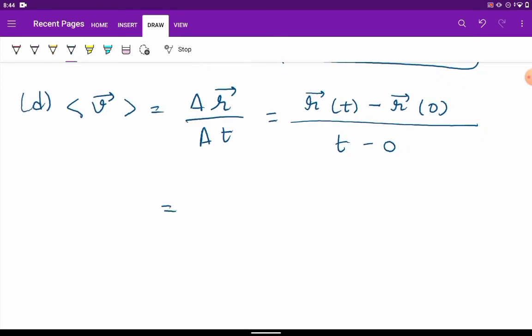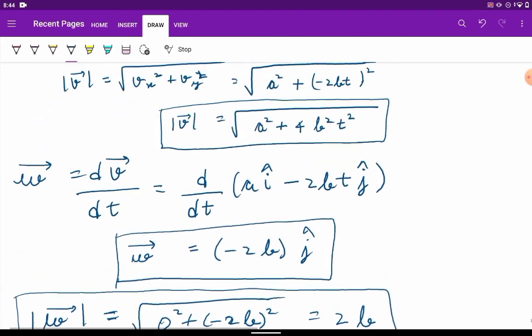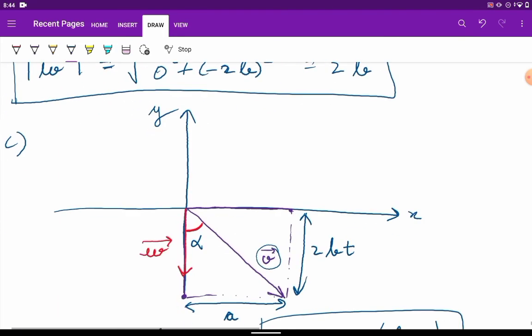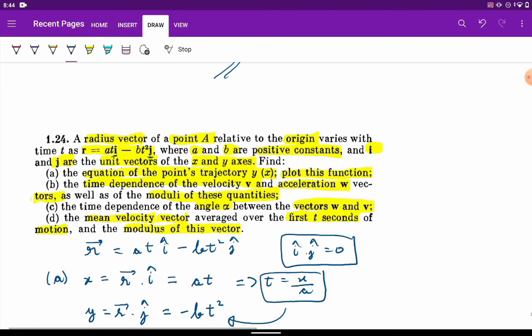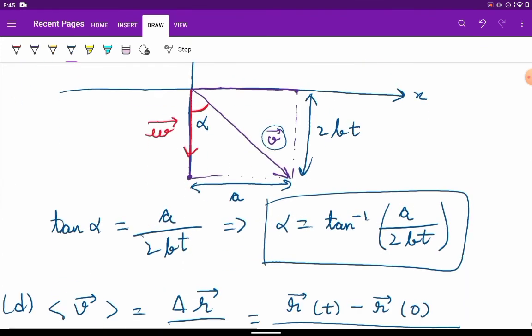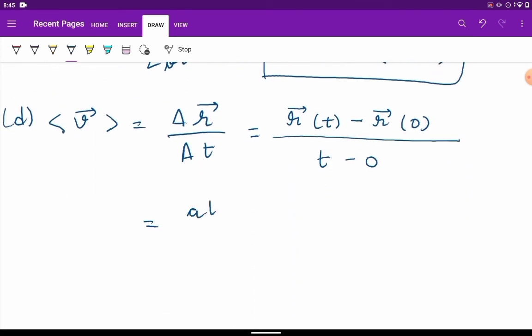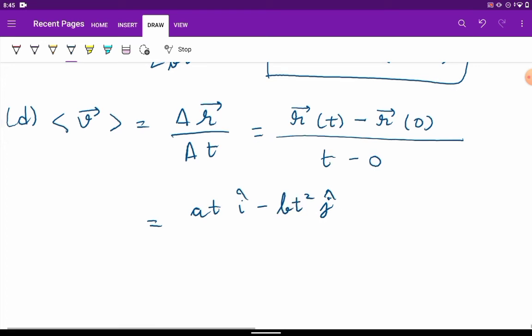So r at t, we already know, is a t i cap minus b t square j cap. And at 0 it is nothing but 0 minus 0.